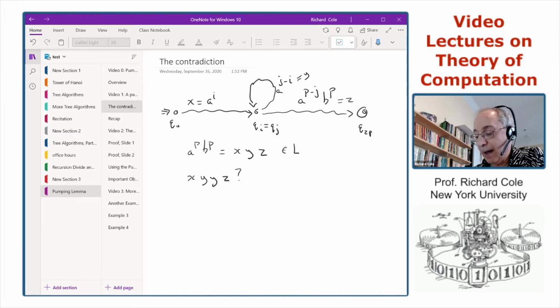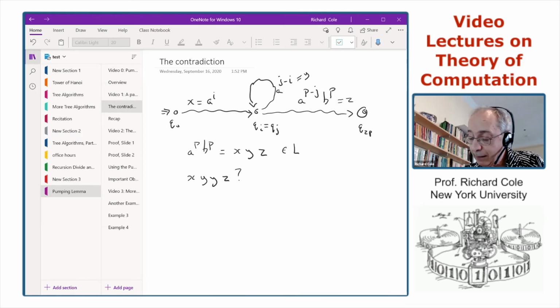Well, if I read x, this is the DFA, it's going to take me from Q0 to Qi. Then in reading y, I go from Qi round this loop back to Qj. If I read y a second time, I go round this loop a second time. And then when I read z, that takes me from Qi or Qj, it's the same state after all, to this accepting state Q2P.